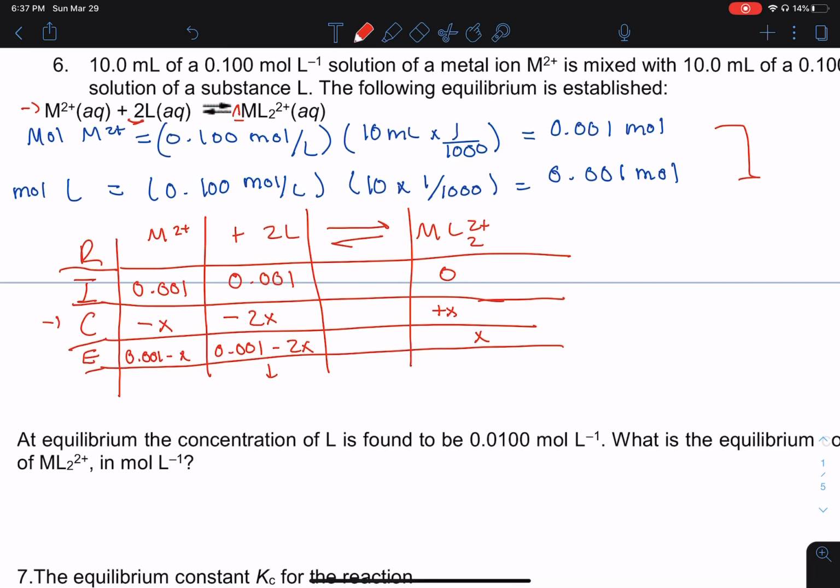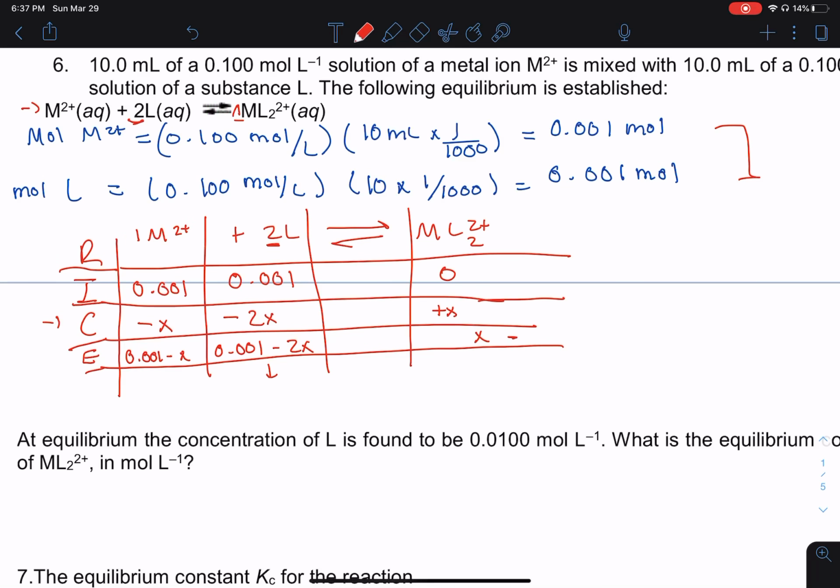In this case, M2 plus has a minus x, and that is because it has only a coefficient of 1, so it's just minus x. So x is a variable to tell us how much, and that's what we're trying to figure out right here for our equilibrium concentration. And then 2L would actually be minus 2x because it has a coefficient of 2. And then for ML2, it has positive x, and that's because it is being formed.